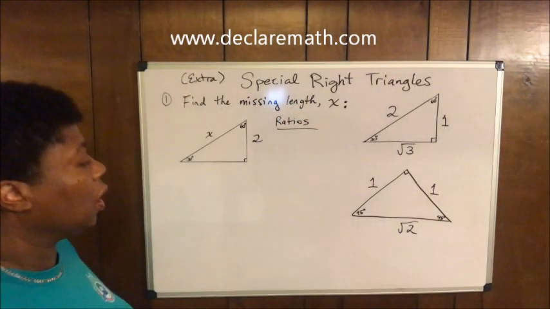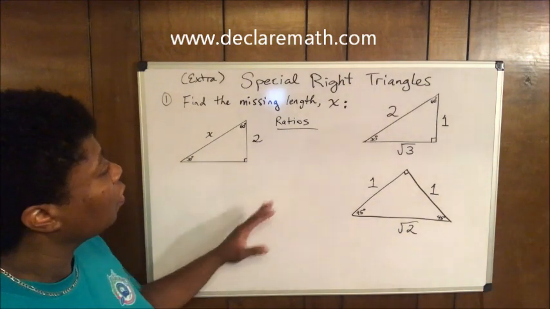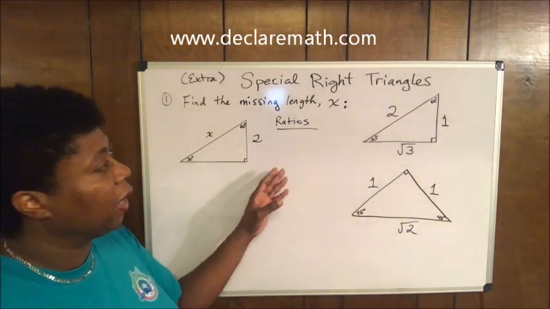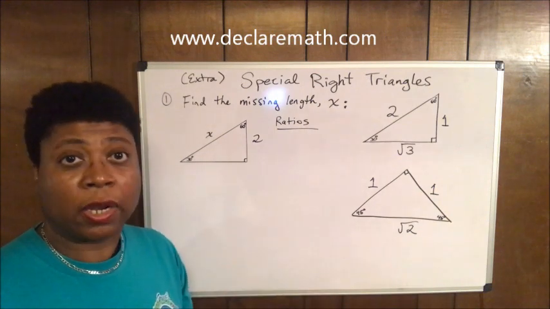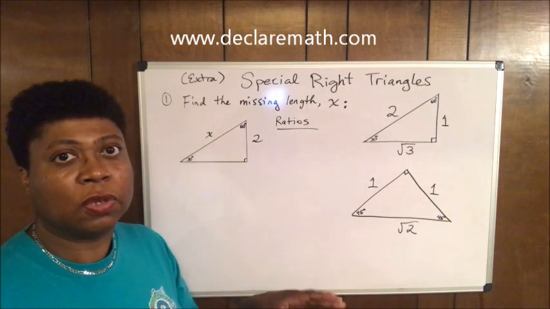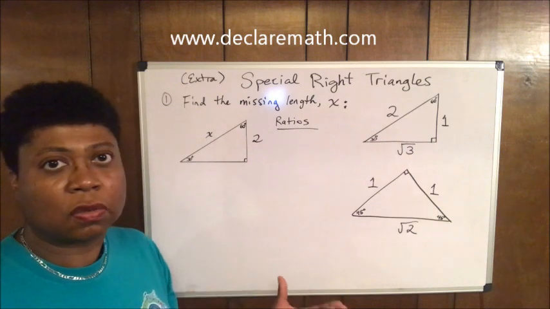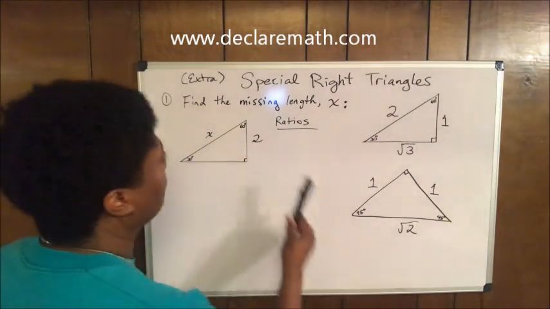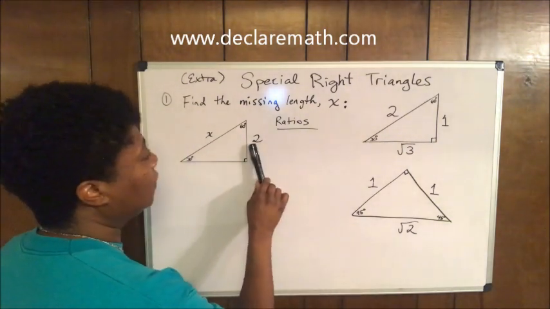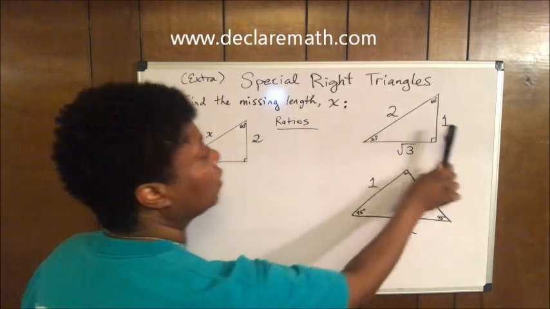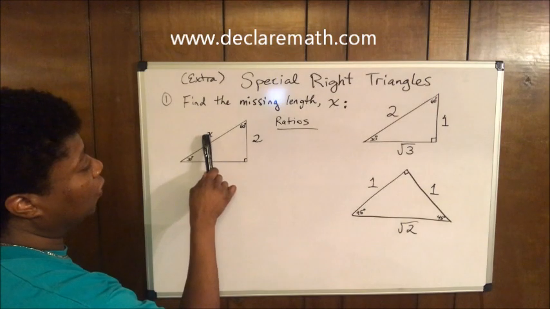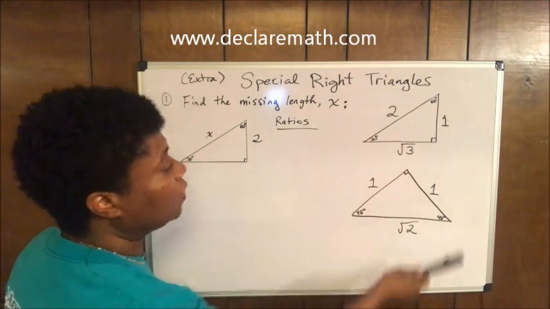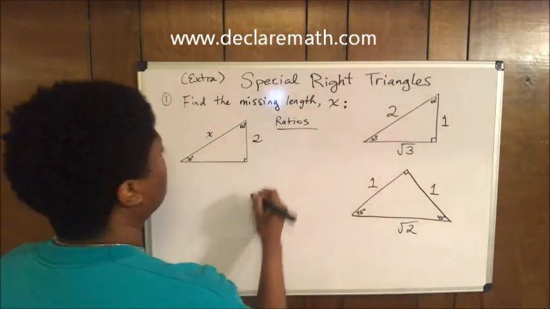A ratio is like an organized relationship between objects. So for instance, we have the side opposite of the 30-degree angle here, side opposite of the 30-degree angle here, side opposite of the 90, side opposite of the 90. See that pattern? So then what you do is you write it.